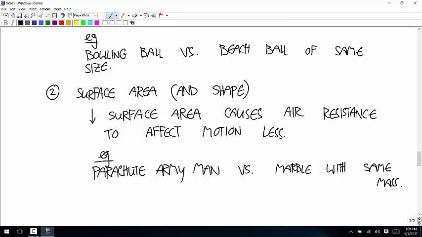Well, the marble is going to hit the ground way before the parachute because parachutes are specifically designed to maximize the surface area and create a shape where you increase air resistance as much as possible. Okay, even though those are the same mass, they won't fall with the same acceleration.